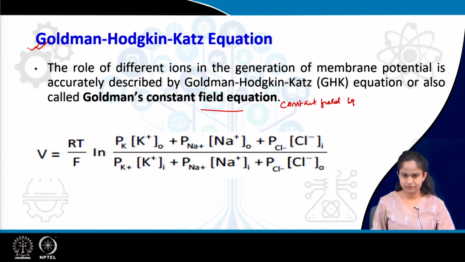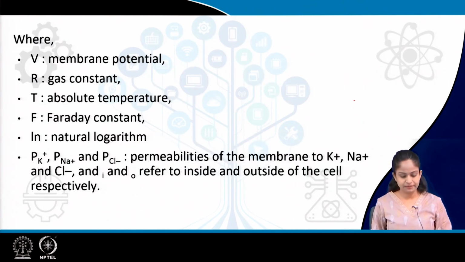You do not have to remember this formula as a whole, but what is very important is that you have to remember the Nernst equation. Similarly, the constants have already been told: what is R, what is T, and the Faraday's constant.